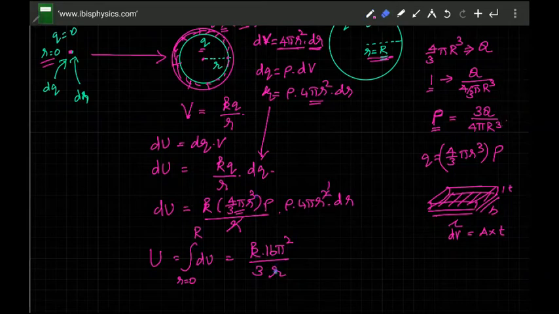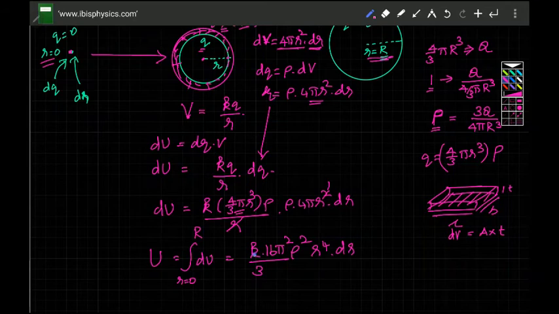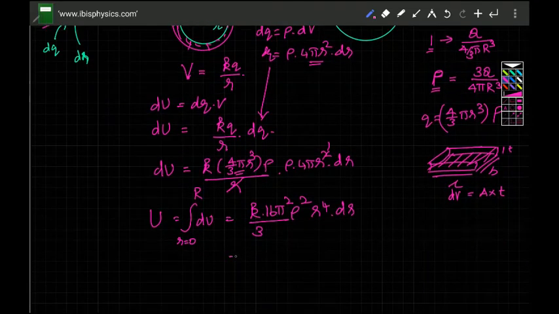So I don't need to write this r over here. K by 3, 16 pi square into rho square into r power 4 dr. So k, 4 pi, 16 pi square, everything is a constant, leaving r power 4 dr. Then I will take everything out.